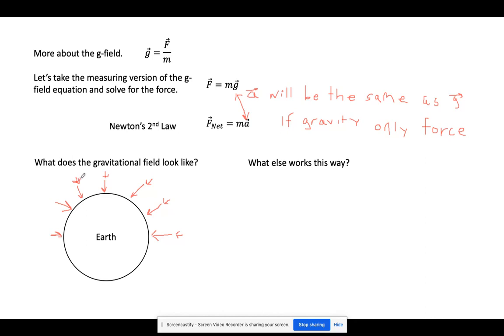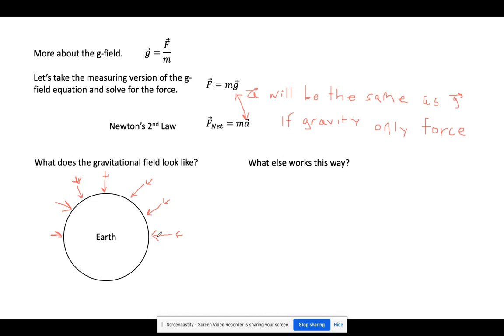All gravitational fields will always point at the object that is making that field, and the farther you get away, the weaker the field is, so you get a smaller arrow. And this really is a vector field. We have a bunch of arrows in space, and which way do those arrows point, and how big are they? Well, it depends on where you are.